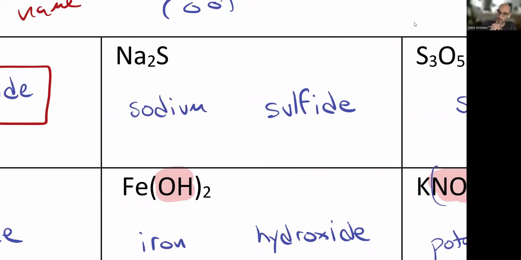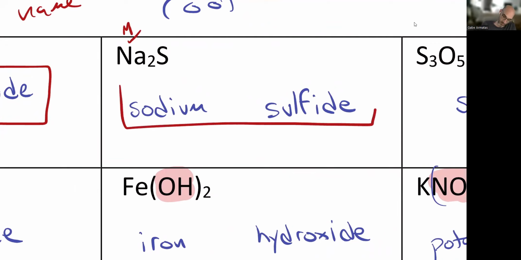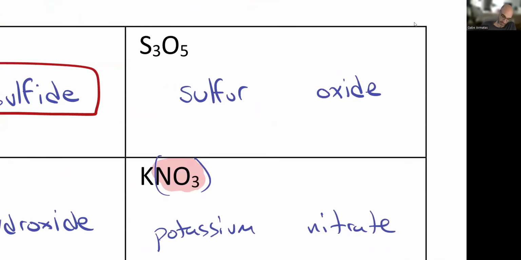Sodium, is it a metal? Yes, it is a metal. Is sodium in group 1, 2, or is it that staircase over by aluminum? It's in group 1. We're good to go. That thing is named. Next up, is sulfur a metal? No, it's not. This is a non-metal. We'll come back to this one.